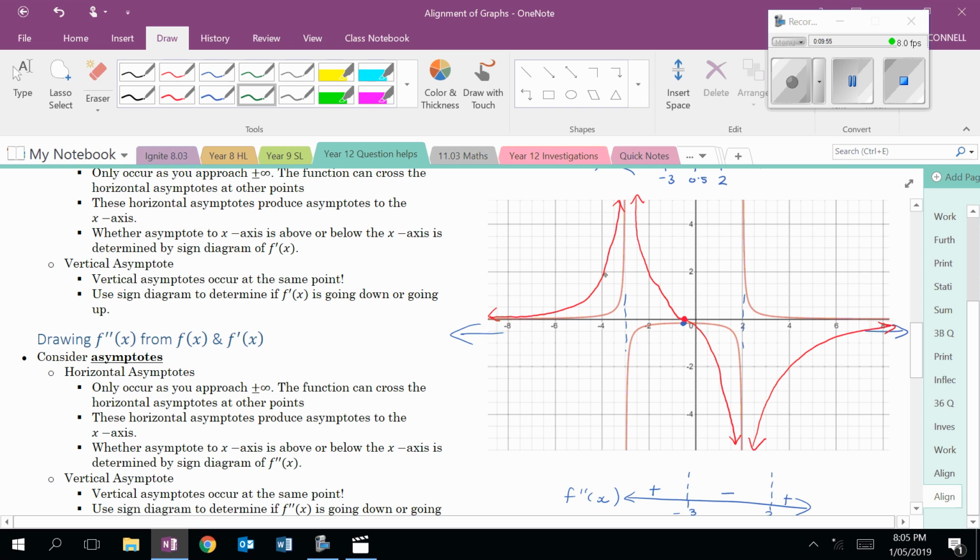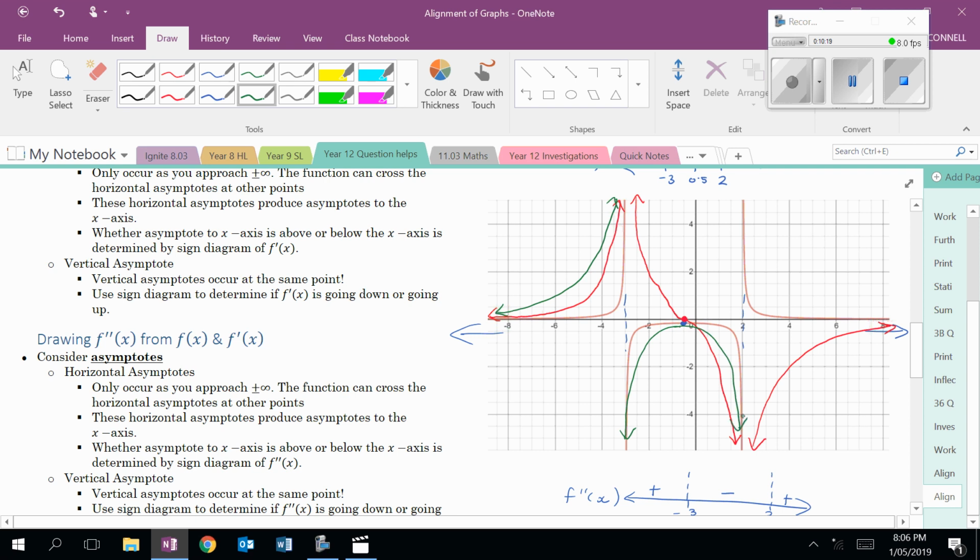So here it's positive, so it must be going up to infinity at this vertical asymptote and must be approaching the x-axis from above. And so it's going to look something like this. Here, it's negative all the time, so it must be approaching both vertical asymptotes going down to infinity. And it would look something like this.